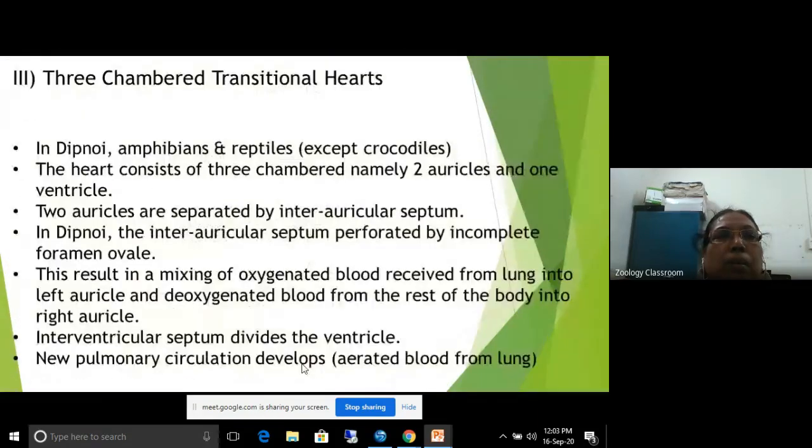So we can see the description in dipnoi, amphibians and reptiles. Heart consists of three chambers, namely two auricles and one ventricle. Two auricles are separated by interauricular septum.